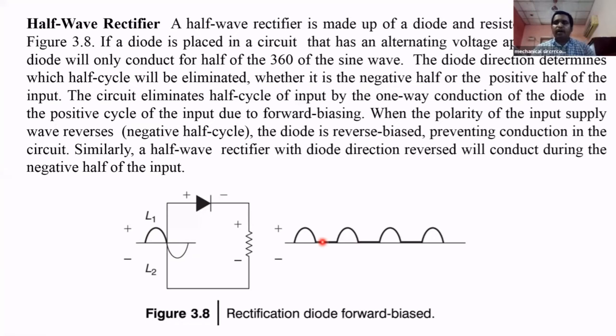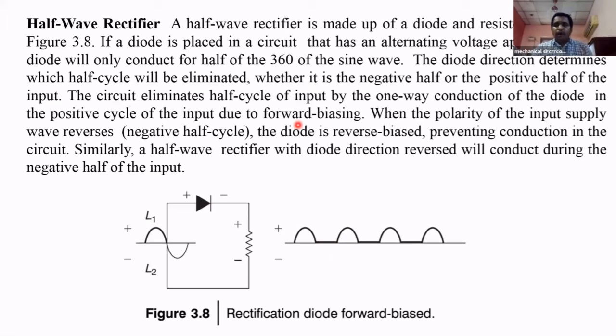Suppose we take the positive cycle, we eliminate the negative. Next positive, we eliminate the negative. So if you eliminate one wave, either positive or negative, and collect only the positive waves or negative waves, it is called a half-wave rectifier.